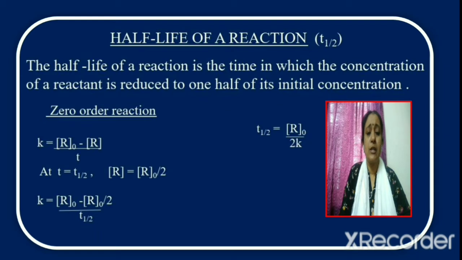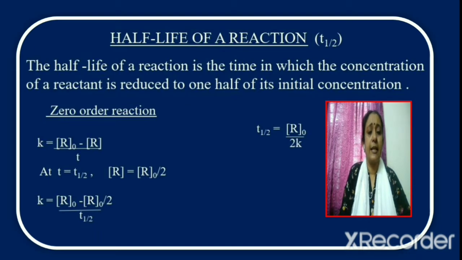Now if time t is taken as equal to t half, R will be equal to R0 by 2. So the expression now becomes K is equal to R0 minus R0 by 2 divided by t half. When we rearrange, we can get the expression for t half. And what is t half for a zero order reaction equal to? t half is equal to R0 by 2K.